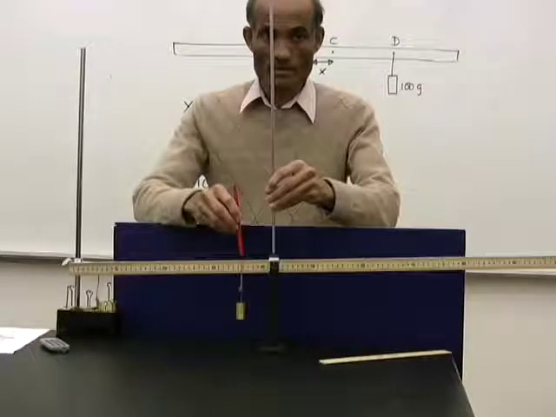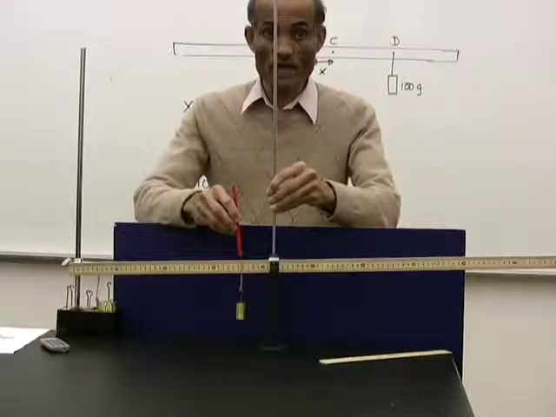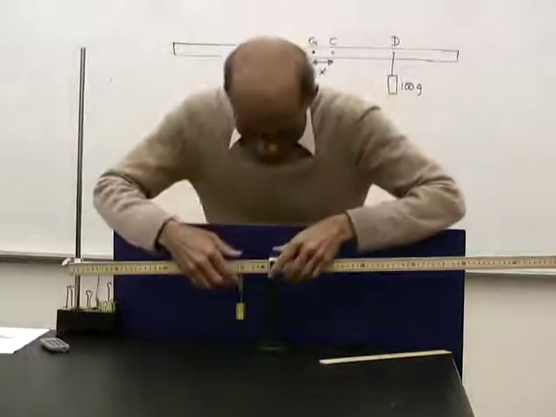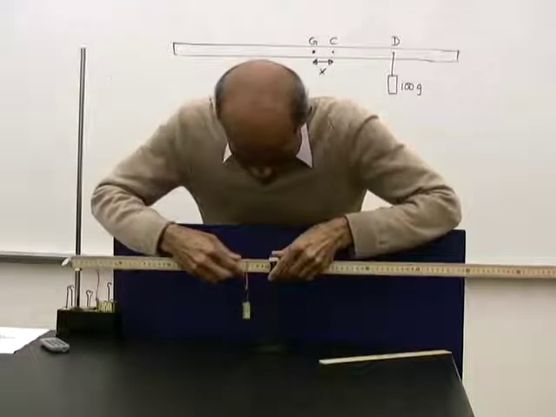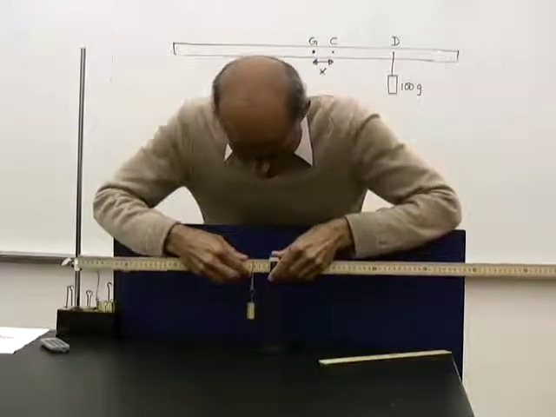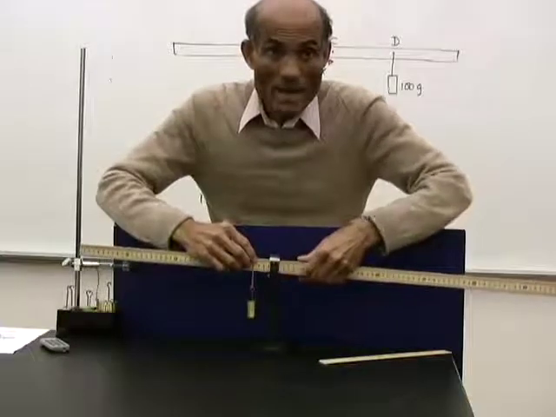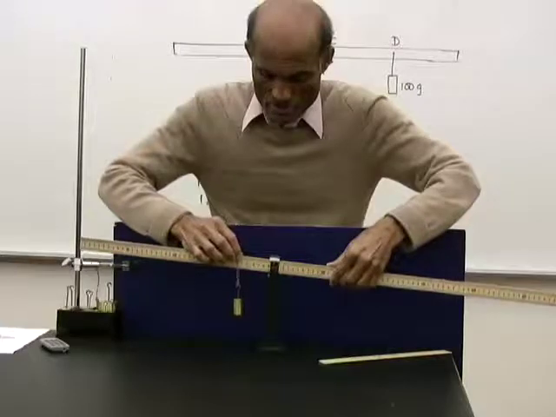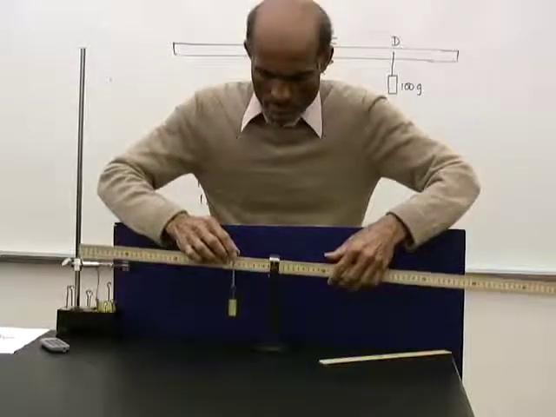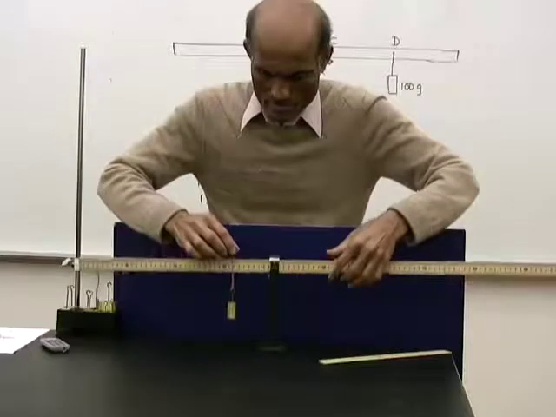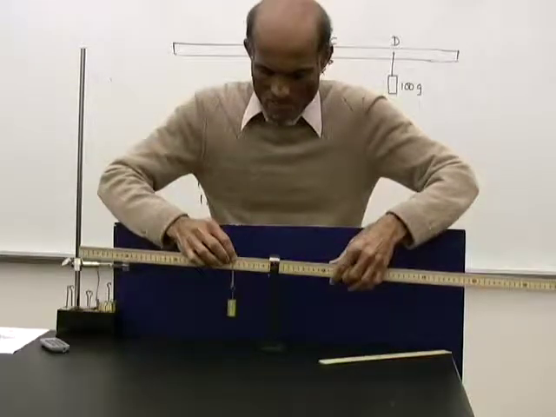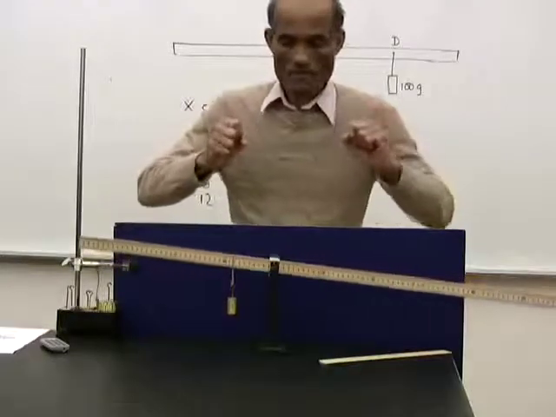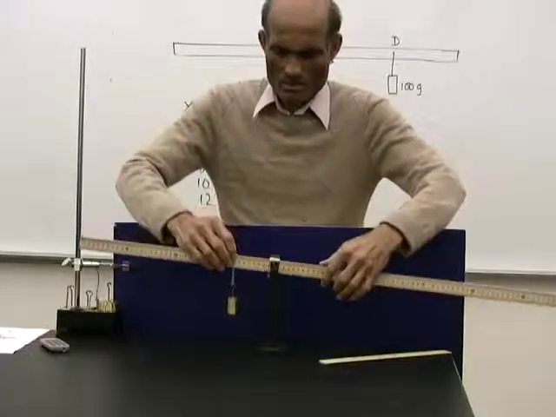Now we repeat this for X equal to 10. So I move the ruler another 2 centimeter. There it is. And balance the ruler again by moving the mass until we get the balance. Are we balanced? Almost there. Okay, a little bit.